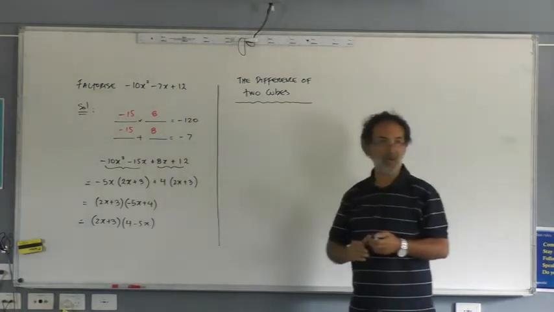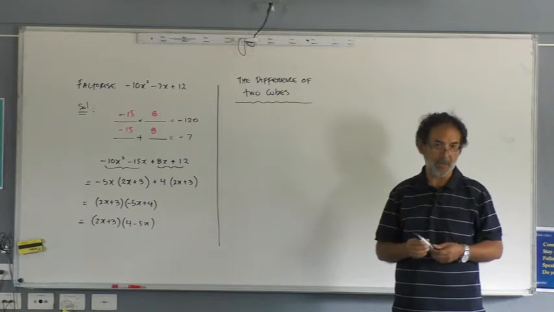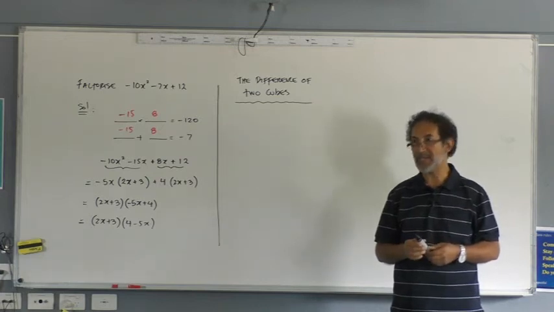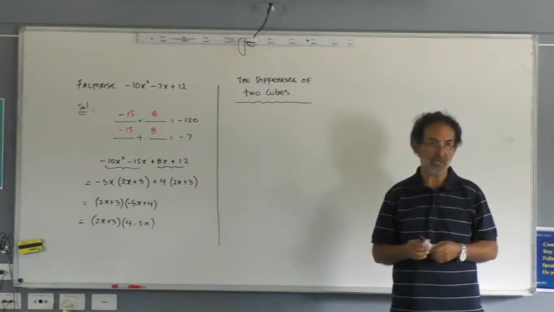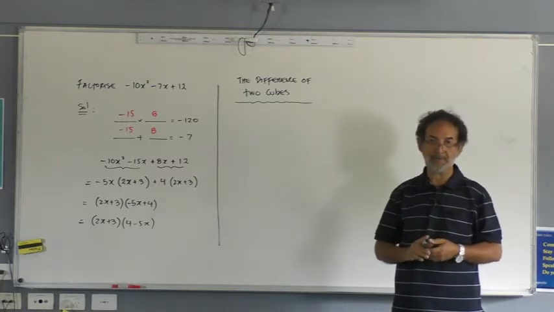All right, can you please copy that heading? I want you to copy the heading, the difference of two cubes. Okay, so we have already done the difference between two squares, but now we're going to do the difference between two cubes.